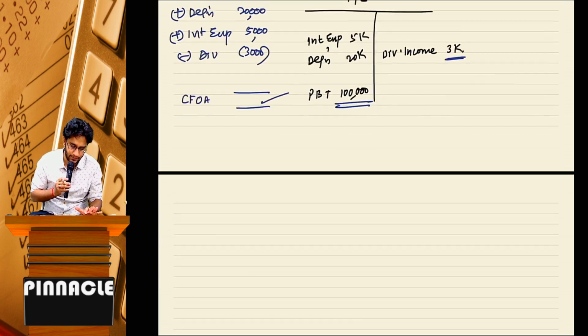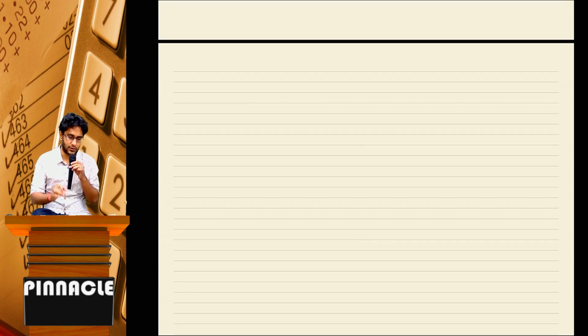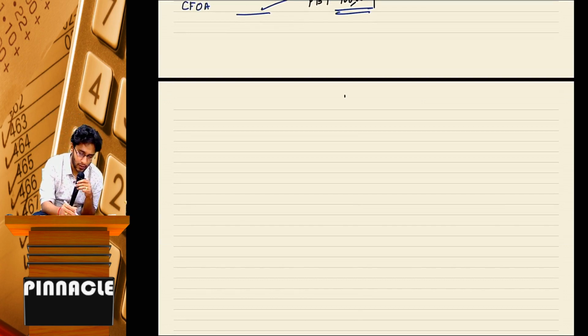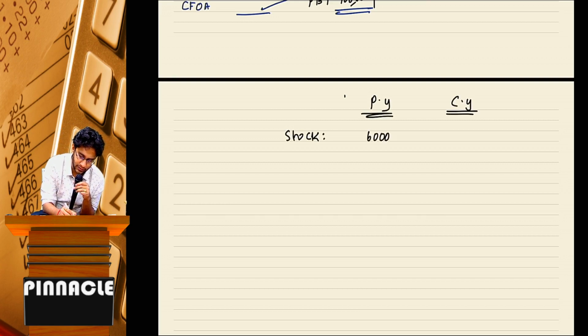Now answer me this. In questions, they will give you previous year data and current year data. In this, they will tell you: last year stock 60,000, current year stock 80,000.